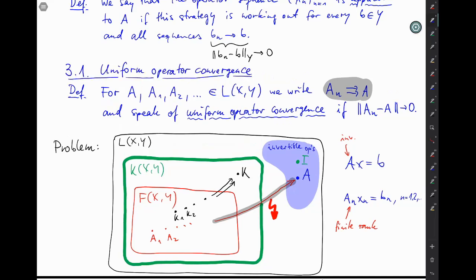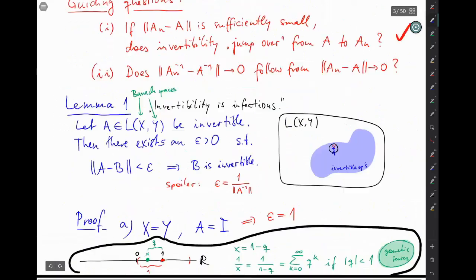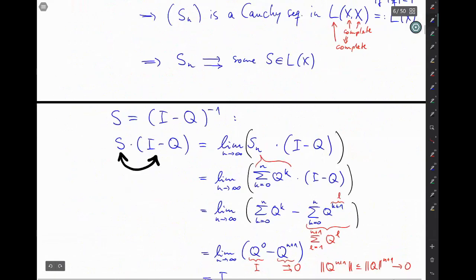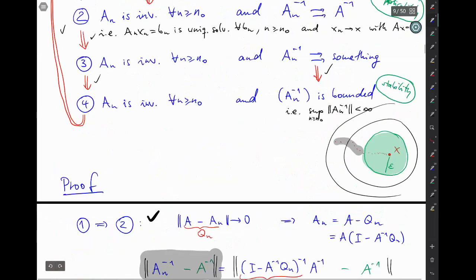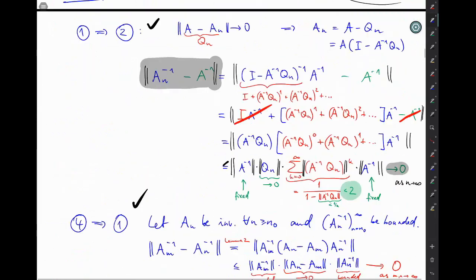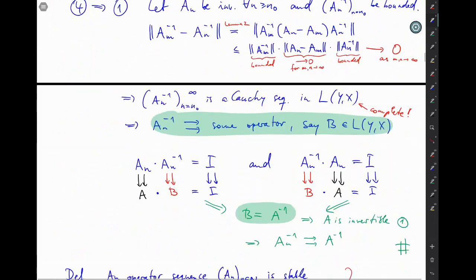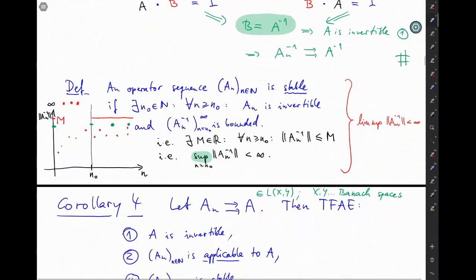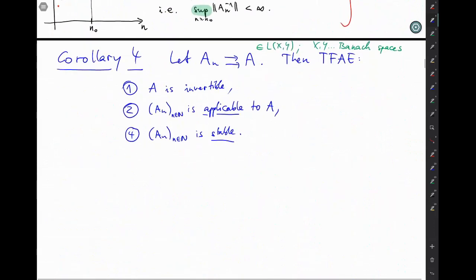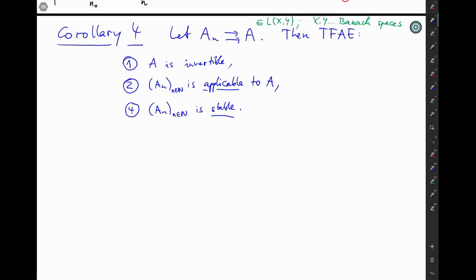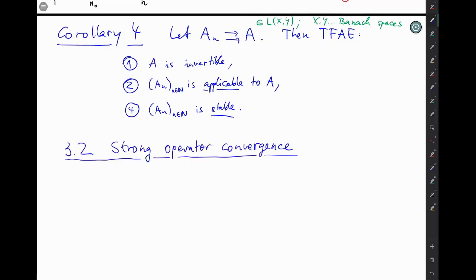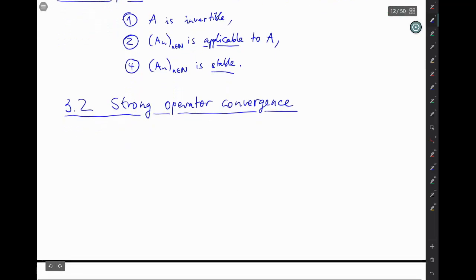And that is uniform operator convergence, because all the time here we're talking about uniform convergence. And this is of course essential to our arguments, especially in lemma 1 and all that follows from it. Okay, but now we're ready for section 3.2, and that is called strong operator convergence.